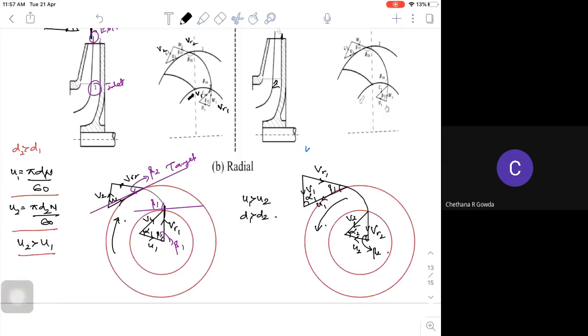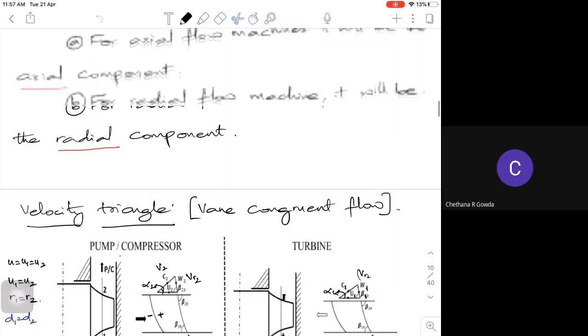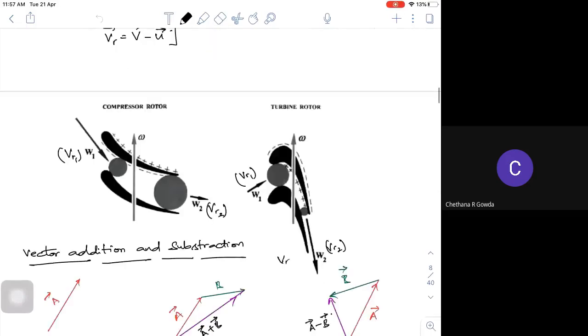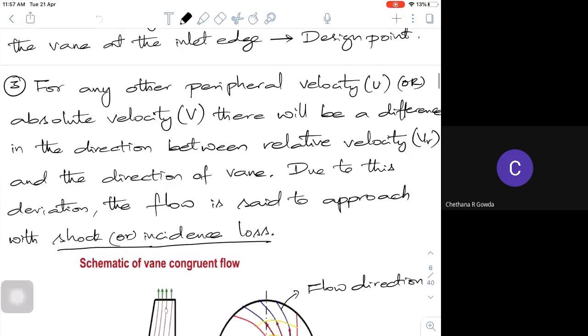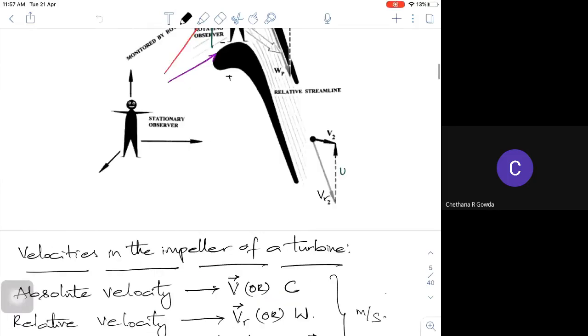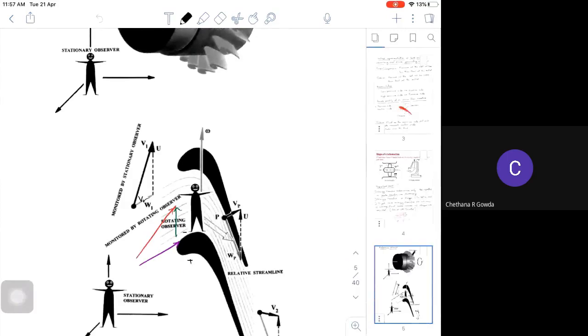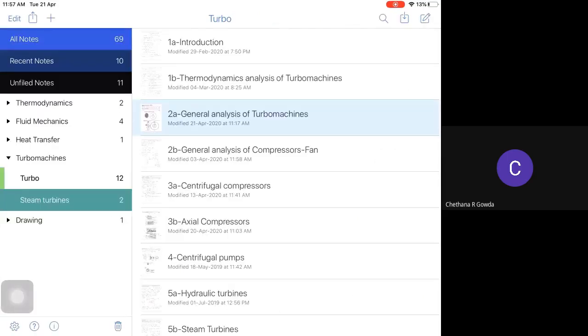I will show that to make you understand. This I have used in my turbo machinery course, so the students can understand better. So this may be repetition for you.